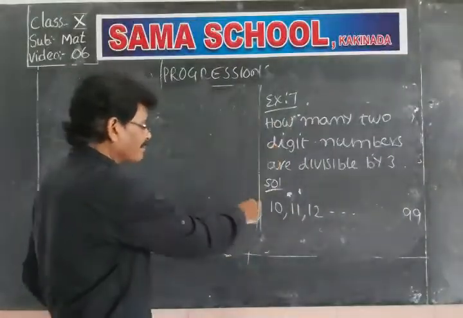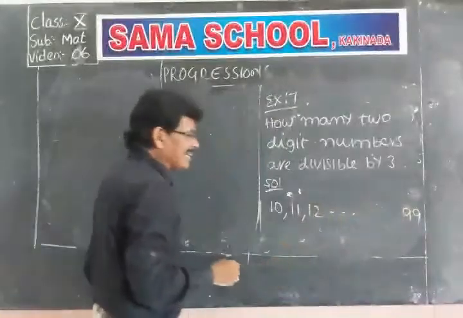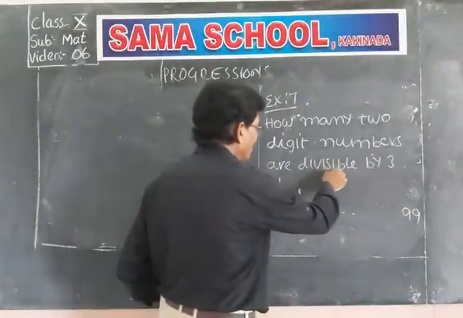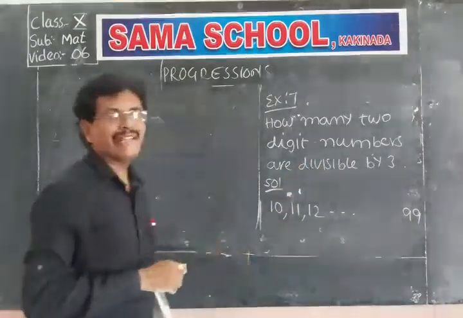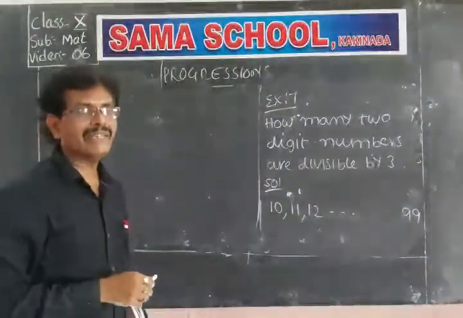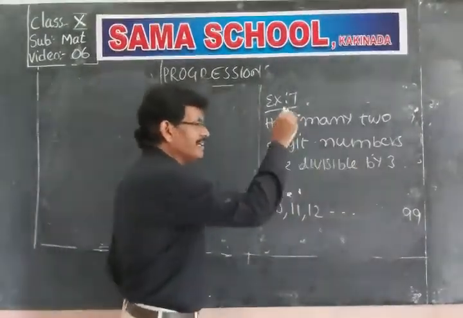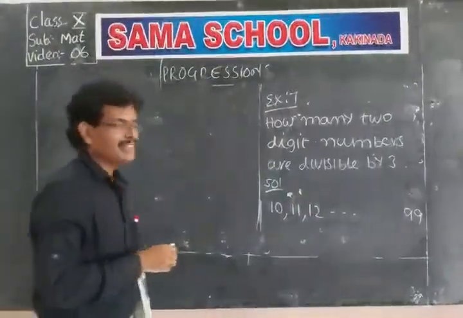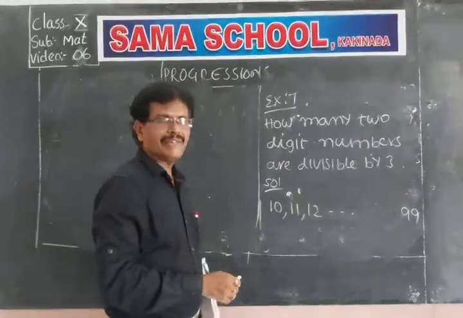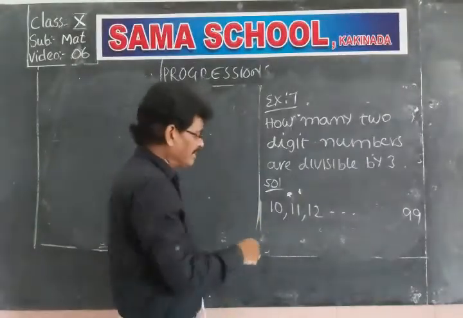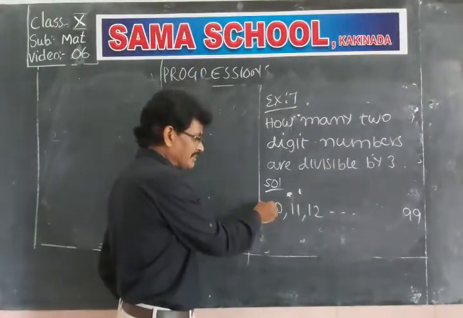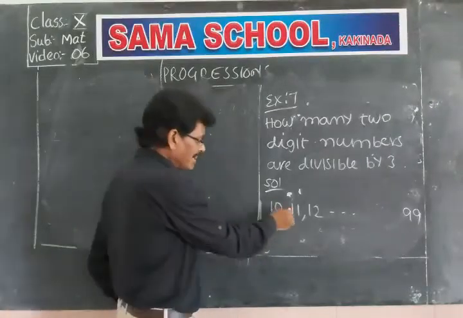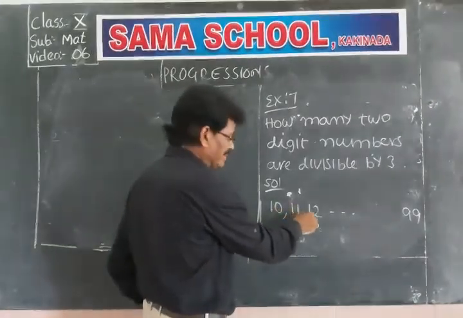So how many among these are divisible by 3? How many terms are there which are divisible by 3? This series is not important for us. We should locate the numbers which are divisible by 3. Observing from here, 10 is not divisible by 3. Next, 11 is also not divisible by 3.